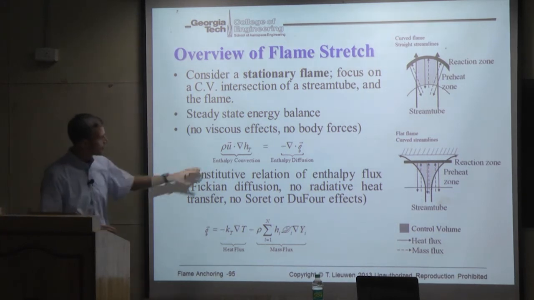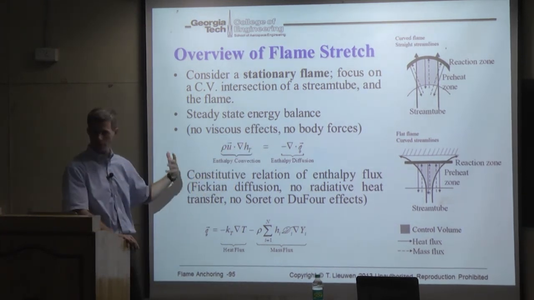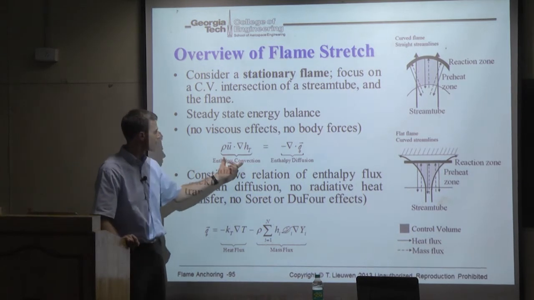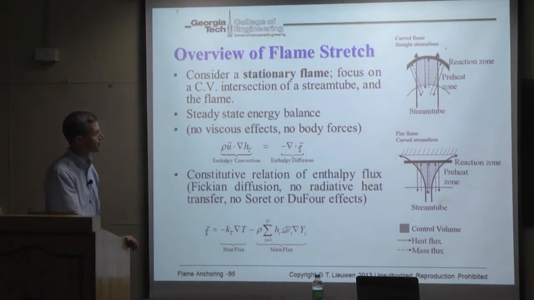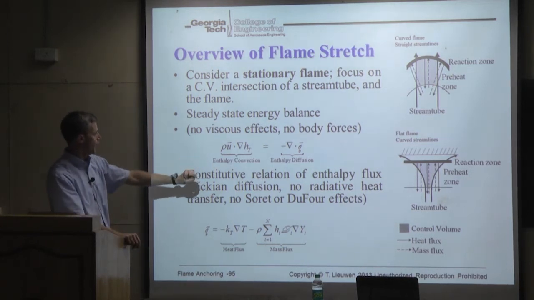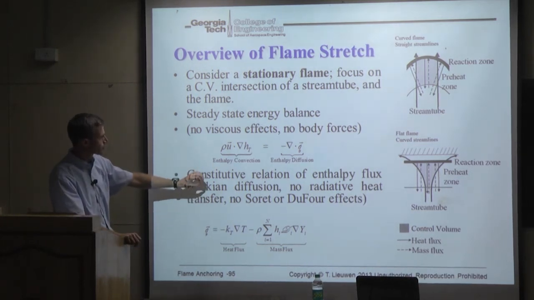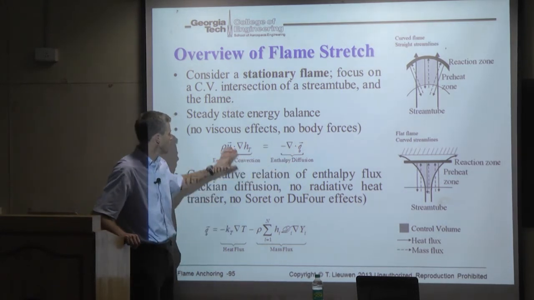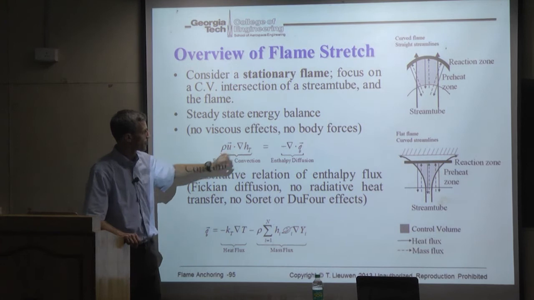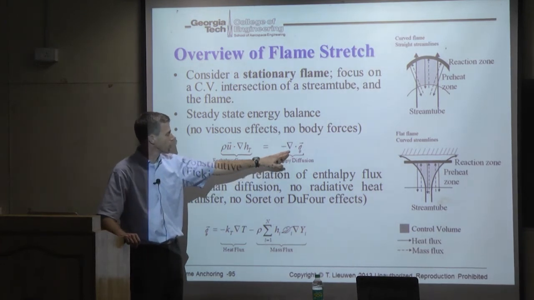But this just shows in math the arguments I was making: your steady state energy equation has this form in the preheat zone. If we assume that there are no reactions because I'm in the preheat zone, I have a convective enthalpy flux term, and I have an enthalpy diffusion term.